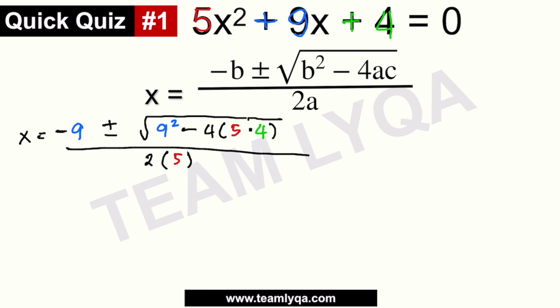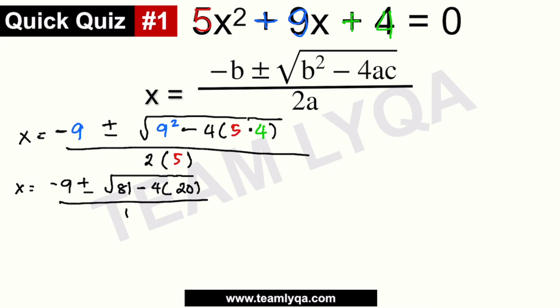Okay, now let's start solving it, no? So, you have X is equal to negative 9 plus or minus the square root of 9 times 9 is 81 minus 4 times 5 times 4 is 20. Okay? Tapos, all over 2 times 5 is 10.